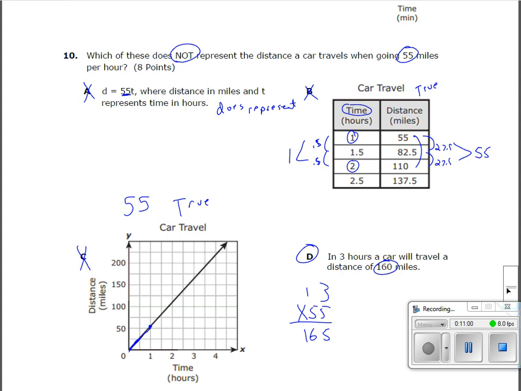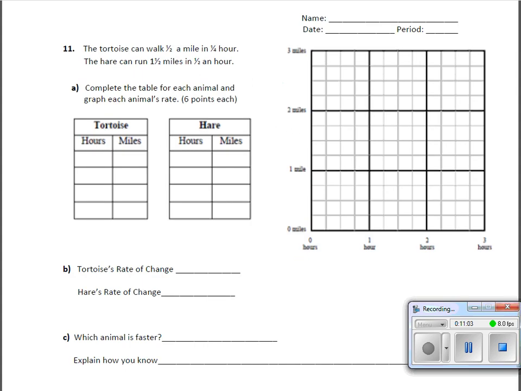Number 11 is our final problem. We're going to graph the tortoise in a table, graph the hare in a table, graph them on a graph, and then tell the rate of change for each and which animal is faster.